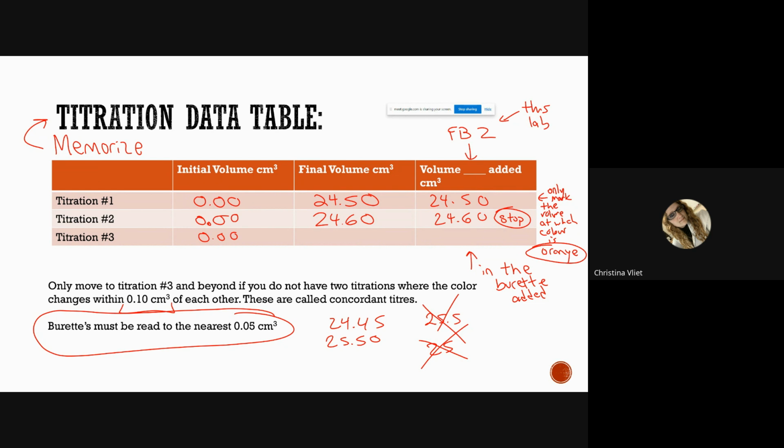Okay, no. Fill the burette. Alright. This is the conical flask.